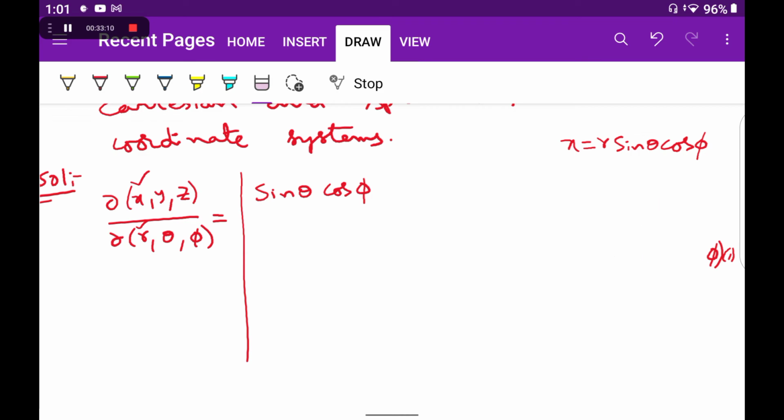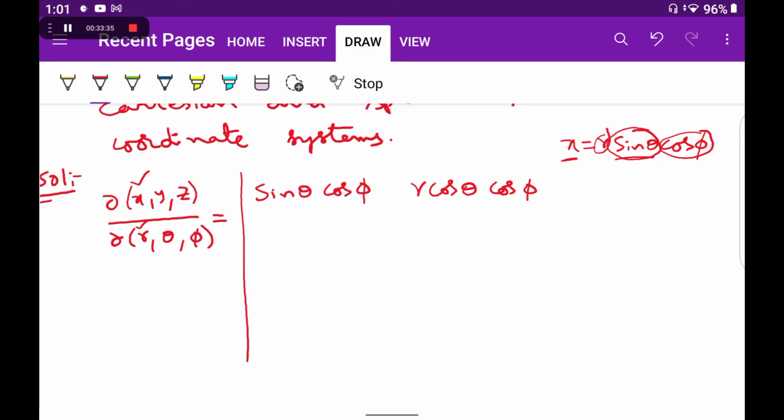Similarly, the next one is dou x by dou theta, right? Differentiate x with respect to theta. So r and cos phi are constants. Derivative of sin theta is cos theta. So r cos theta cos phi.